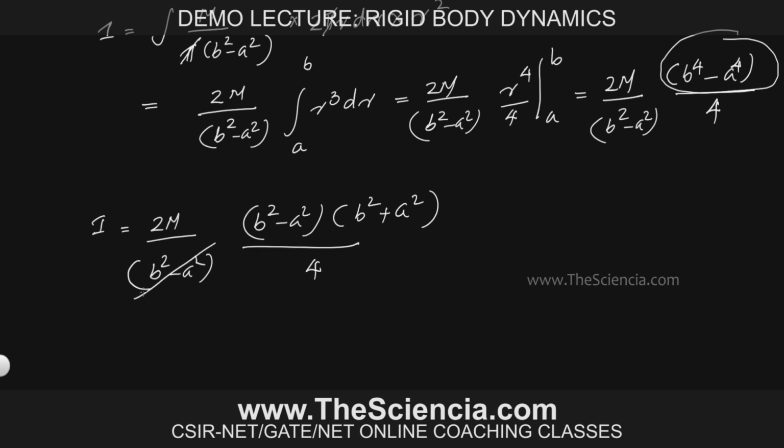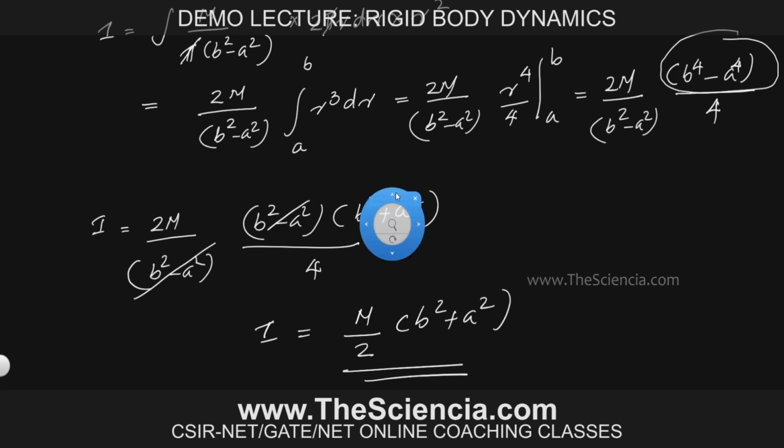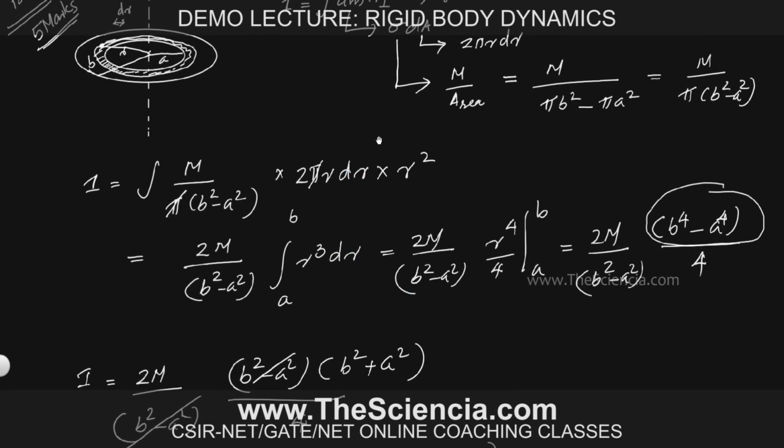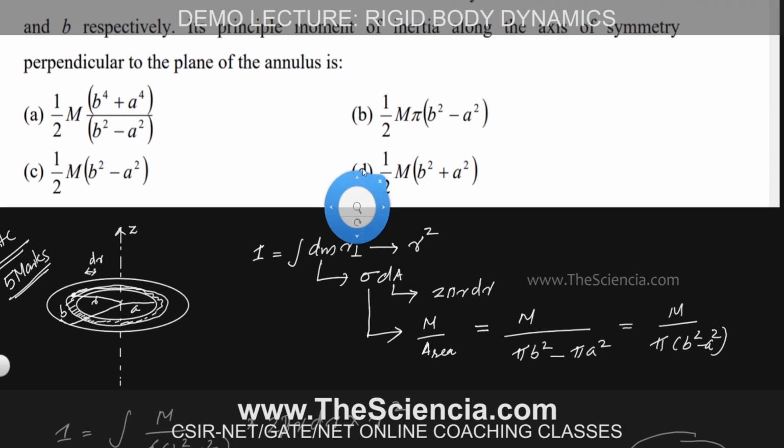We can cancel b square minus a square, so finally I is equal to M by 2 into (b square plus a square). Now we can check the options. Option D is the right answer, 1 by 2 M into (b square plus a square). So you got the 5 marks.